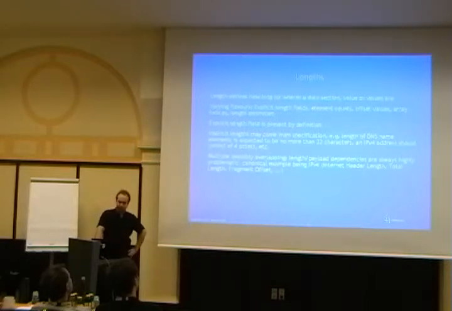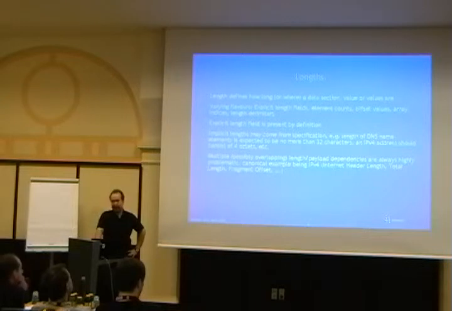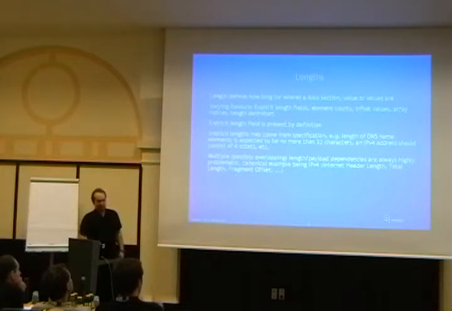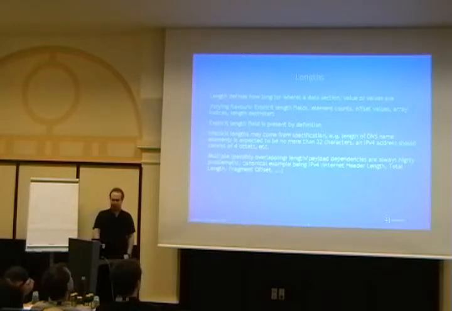Length fields, that's probably the most fruitful way of attacking modern software. Whenever there's a length field, there is a problem in handling those lengths and the values that those lengths define. So a length field simply defines how long a particular data section or value is, or where it is located.